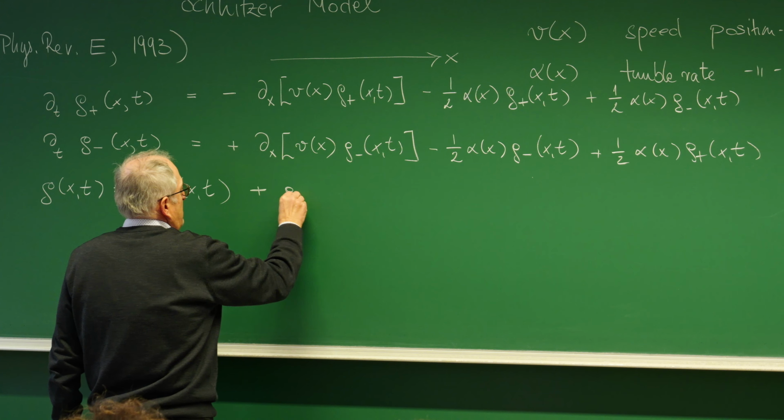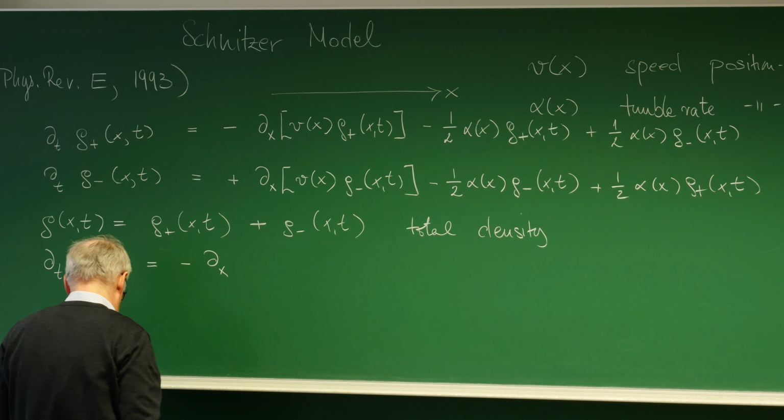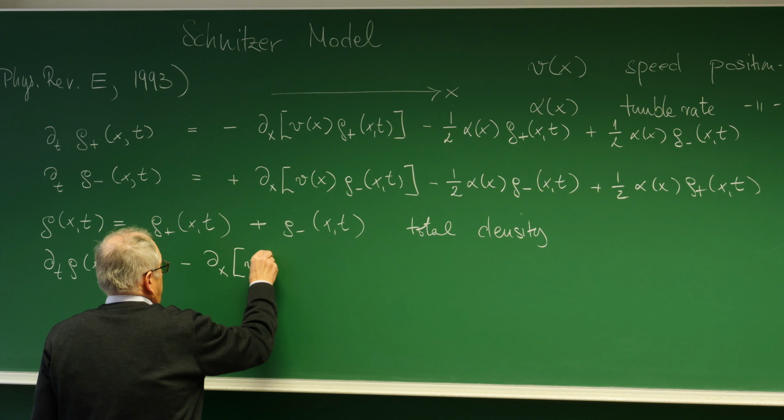That means our equation for rho of x and t has to be of the form of a conservation law, and explicitly it's minus dx of v of x times sigma of x and t, where sigma is a new quantity that I define as the density of plus-moving minus the density of minus-moving particles.